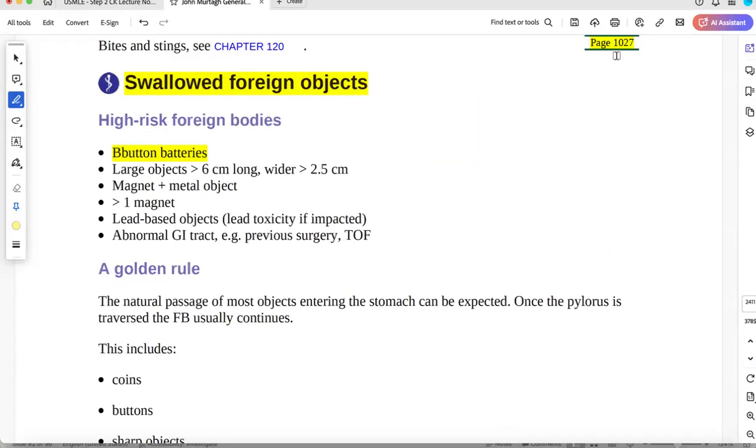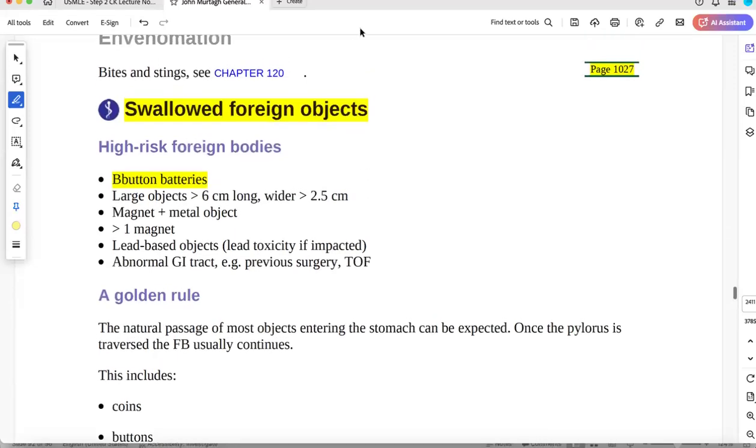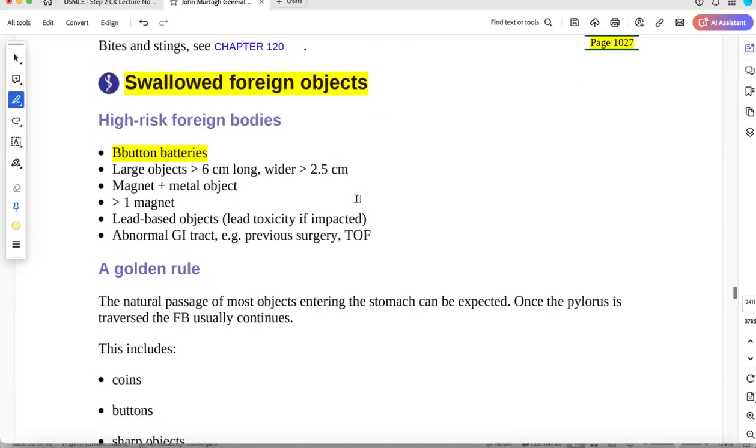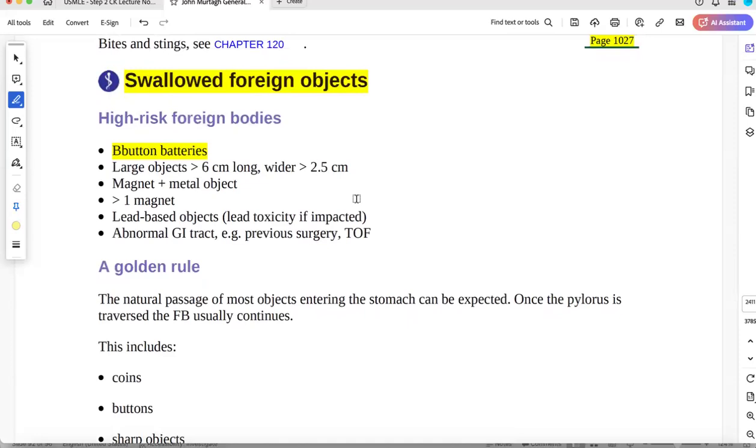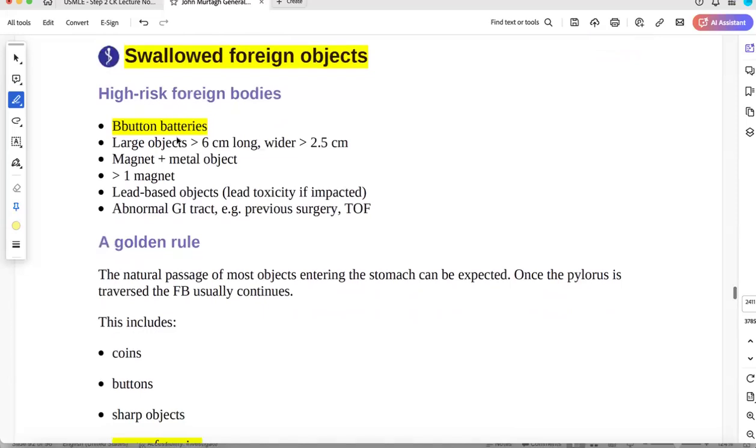If you come to page 1027, you would be able to see this one. Before that, there is nothing really important. So, solid foreign objects in children. Children can swallow foreign objects from time to time, and it can be quite tricky to manage. The high-risk foreign body, the most important one, is button batteries.